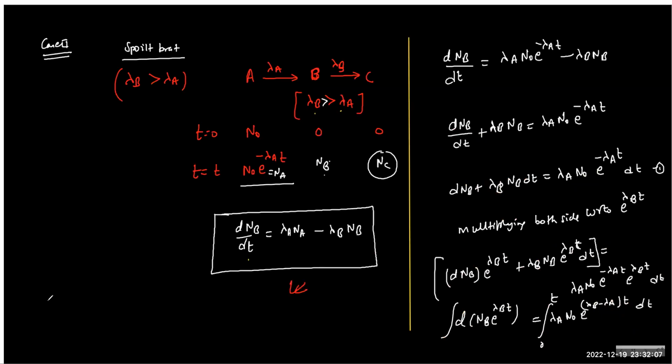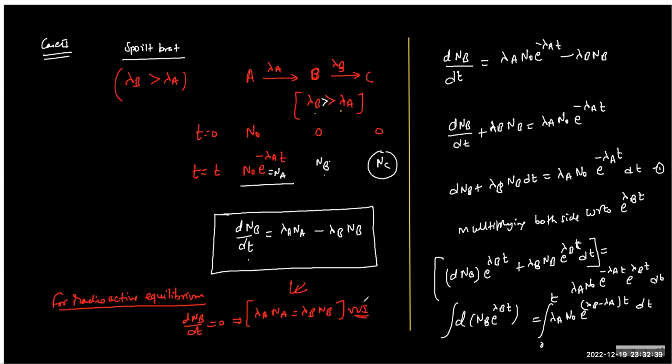And you can write it here directly for radioactive equilibrium. For radioactive equilibrium, what can you write? dNB by dt equals 0. This implies the activity of A equals the activity of B. That's it. So you can expect some question based on this relation.